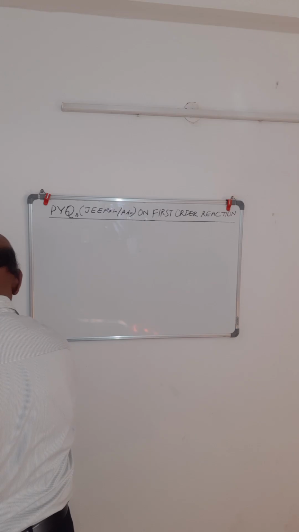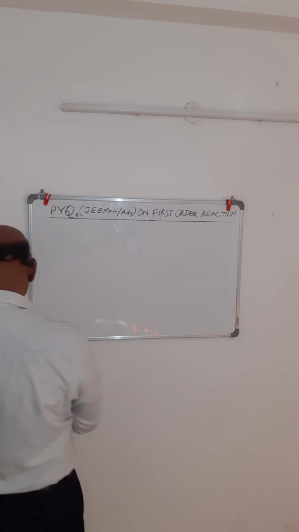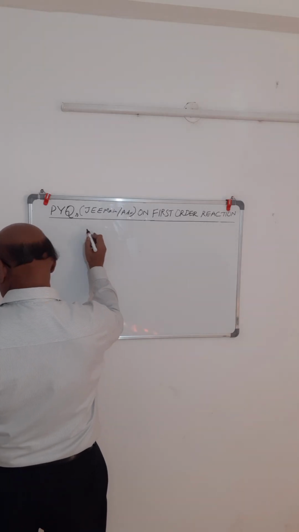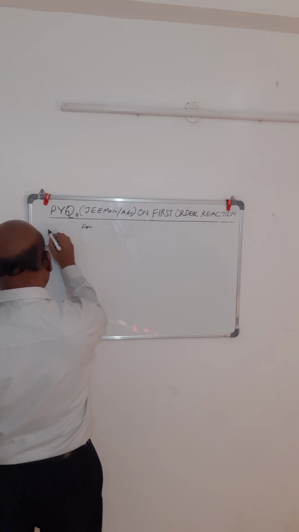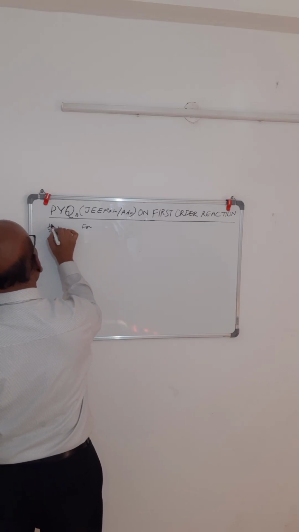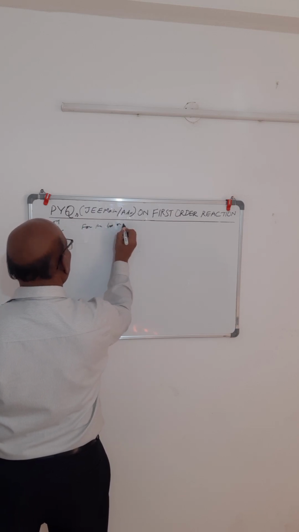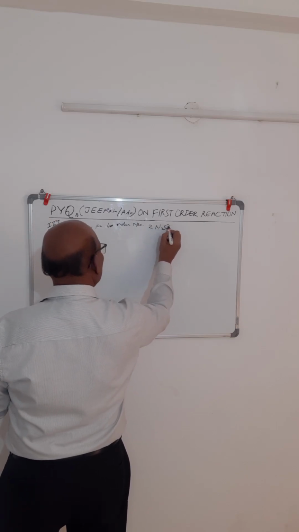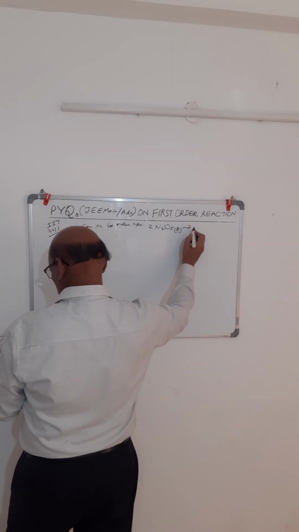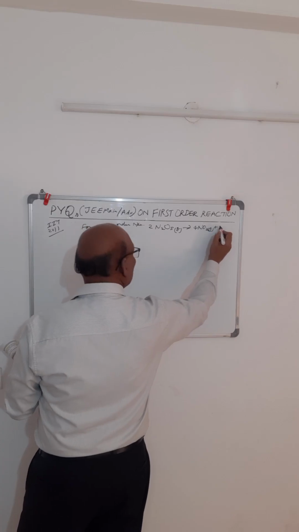This was asked in 2011 IIT. It says that for the first order reaction, 2N2O5 gas gives 4NO2 gas plus O2 gas.